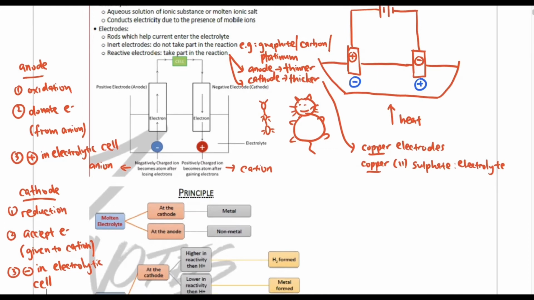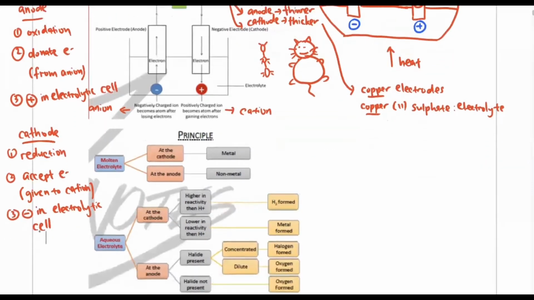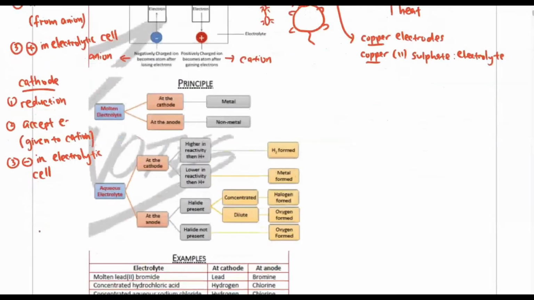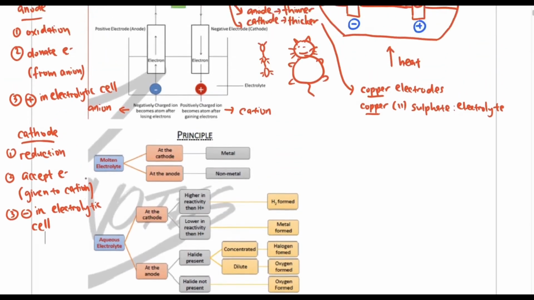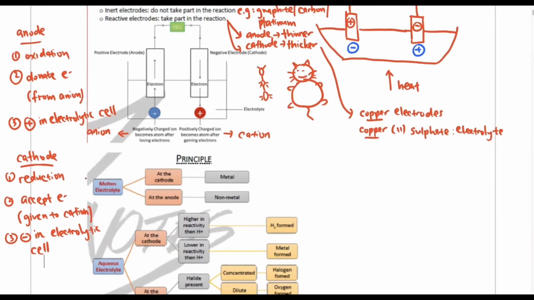Okay, so now let's see the principles in the flow chart here. What does it mean when you say negative? Cathode is negative in electrolytic cell. Is it a negative electrode? Yes, it's a negative electrode.